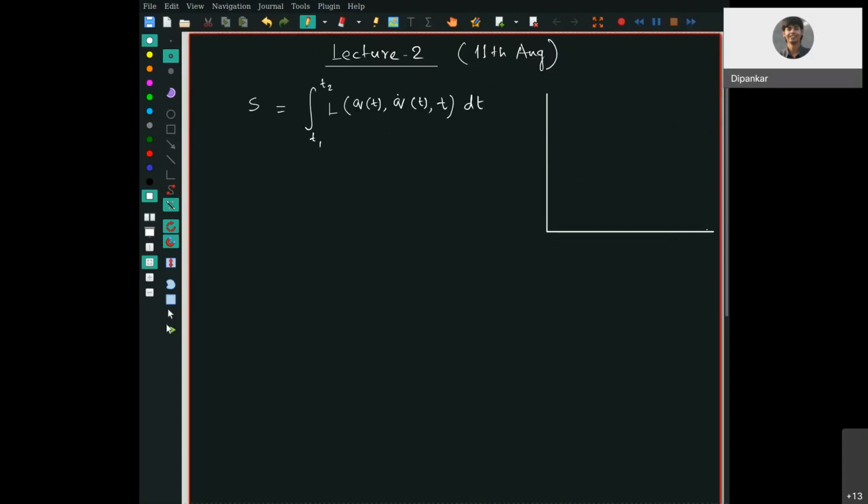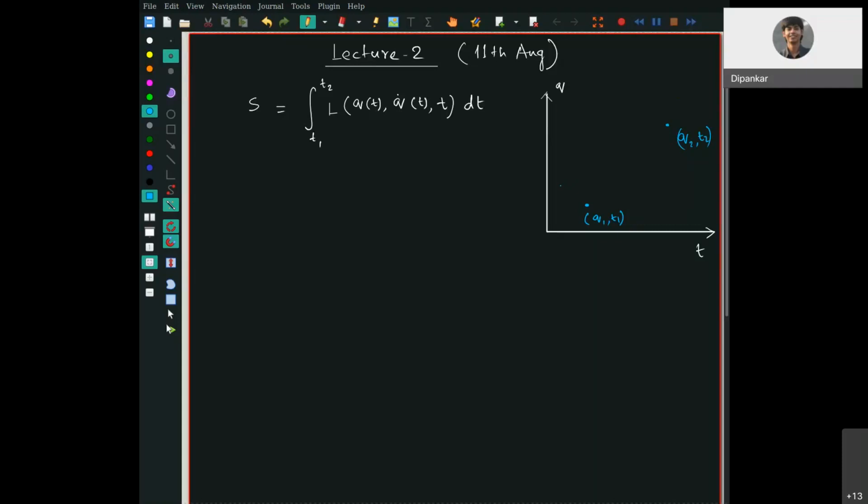So suppose this is your t-axis, this is your q-axis, and you had 2 pre-given points. This one I denoted by q1, t1, and this was denoted as q2, t2.